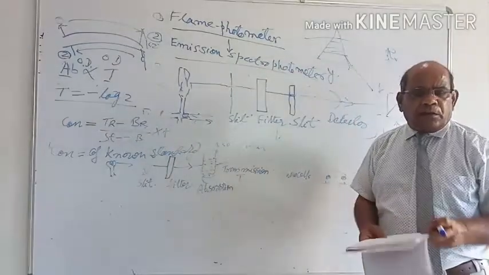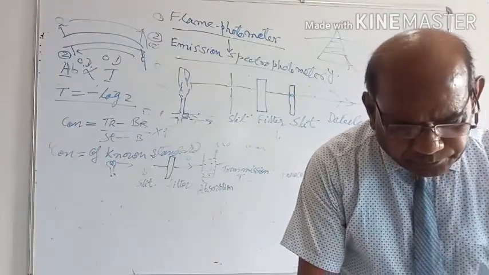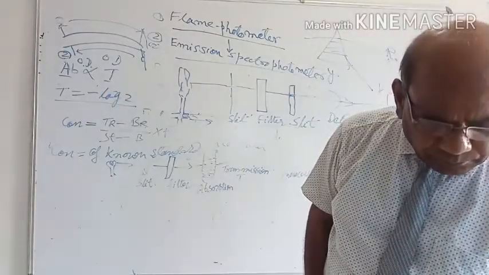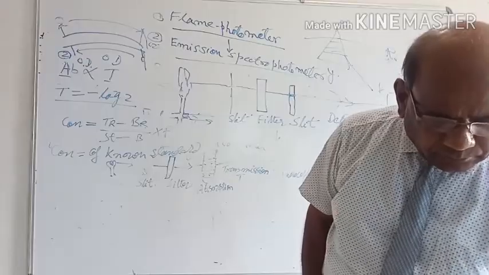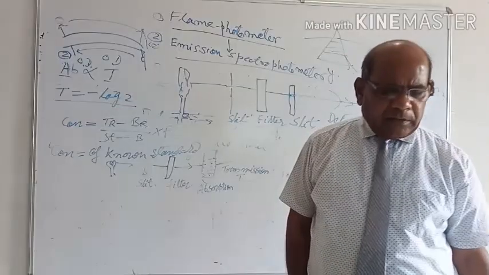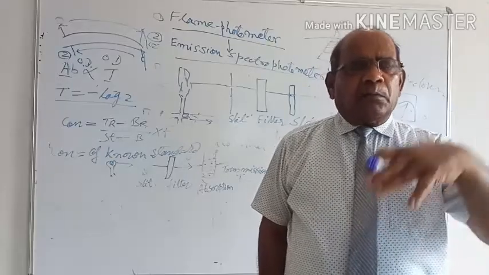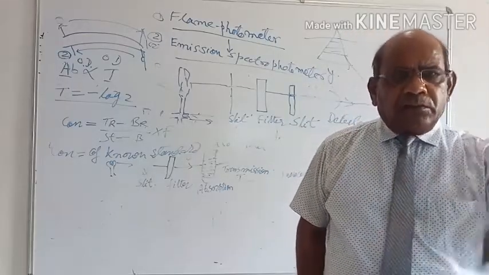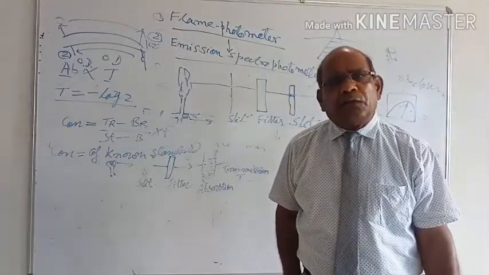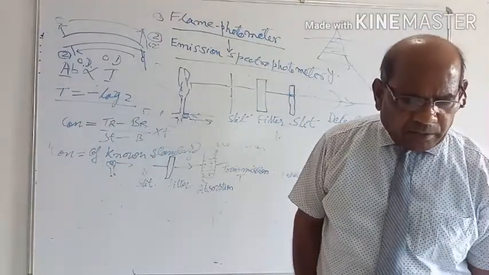In flame photometry, one thing is very important: here the spectrum is emitted, while in the other technique the spectrum is absorbed, and this technology is especially used for estimation of sodium and potassium.